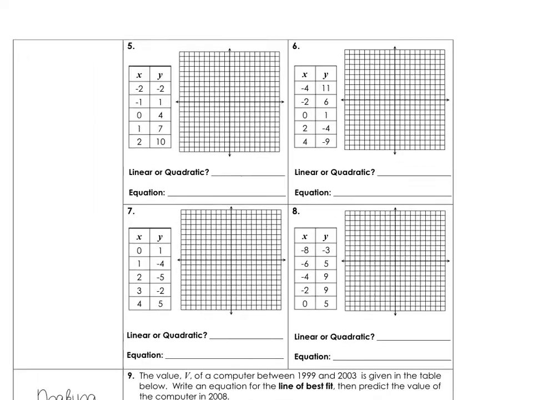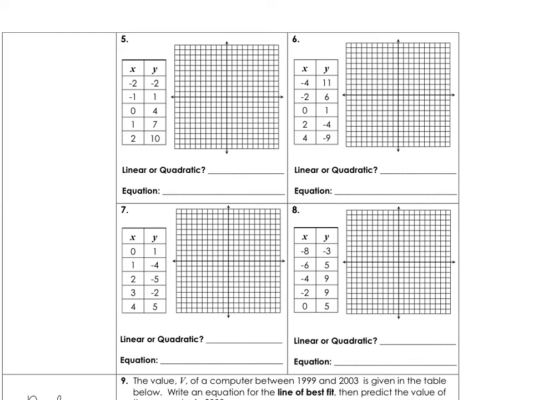Number 5 and 6. Go ahead and plot your points. So left 2, down 2. Left 1, up 1. Up 4. Right 1, up 7. And right 2, up 10.